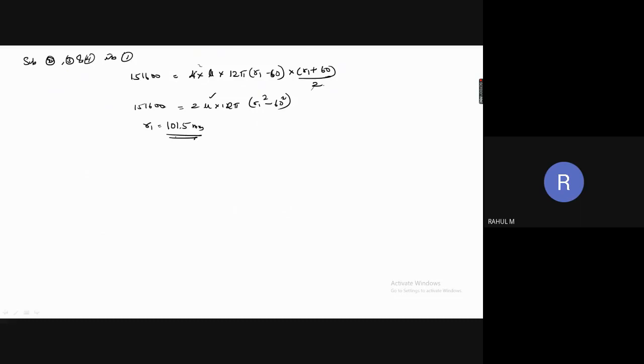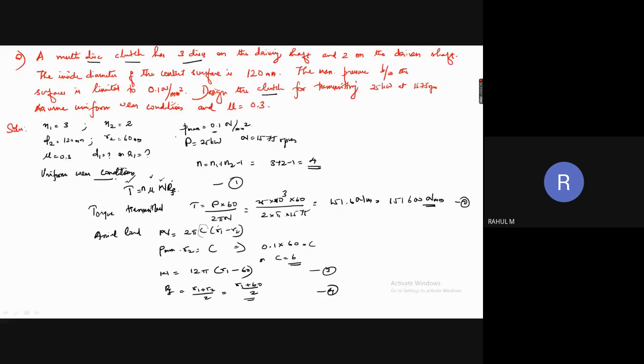The only difference when compared to the single plate clutch is that you need to find the effective number of discs, which is actually the sum of the number of discs in the driver plus the number of discs in the driven, subtracted with one. So that is the problem.